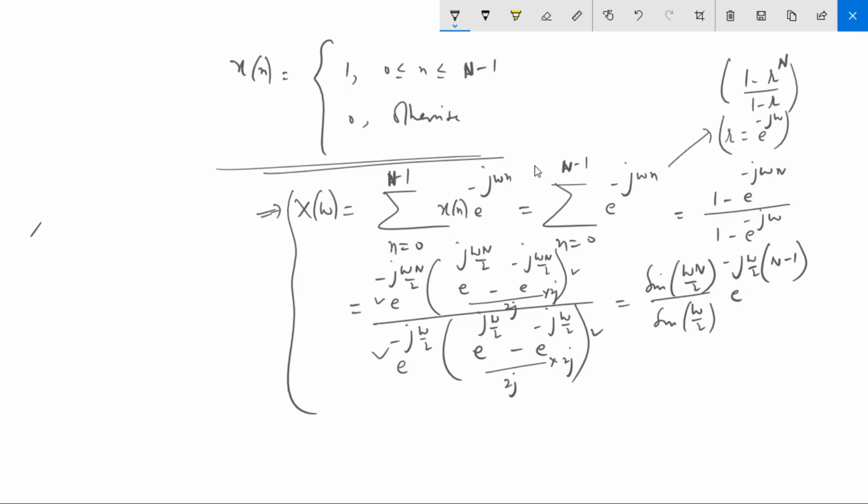So its DFT X[k] will be simply equal to sine of, now omega becomes 2 pi k by N into L by 2, divided by sine of 2 pi k by N into 2.